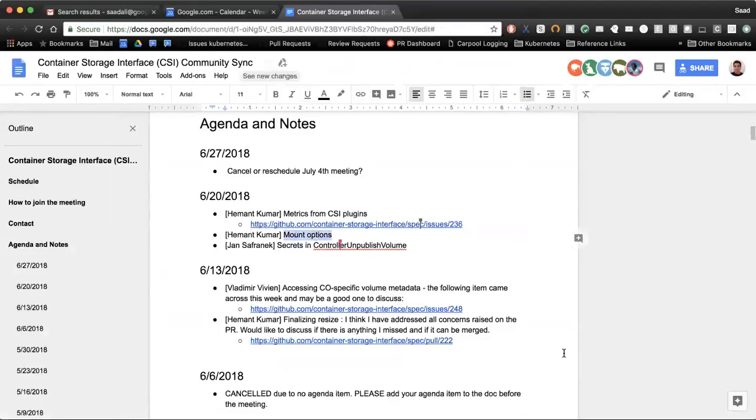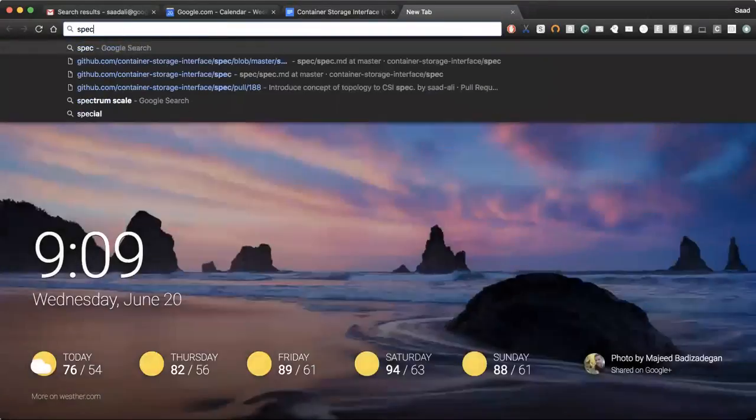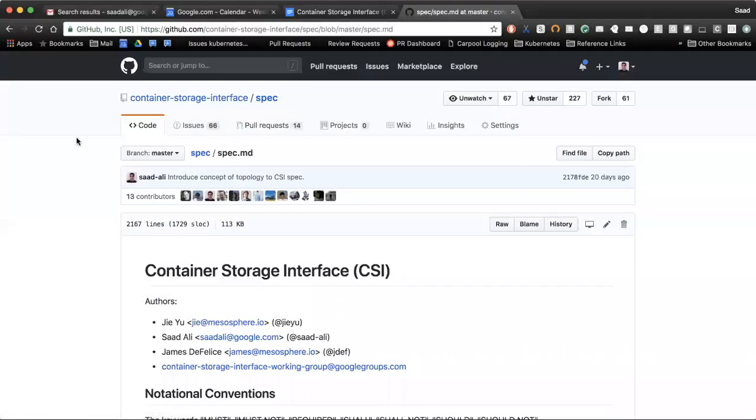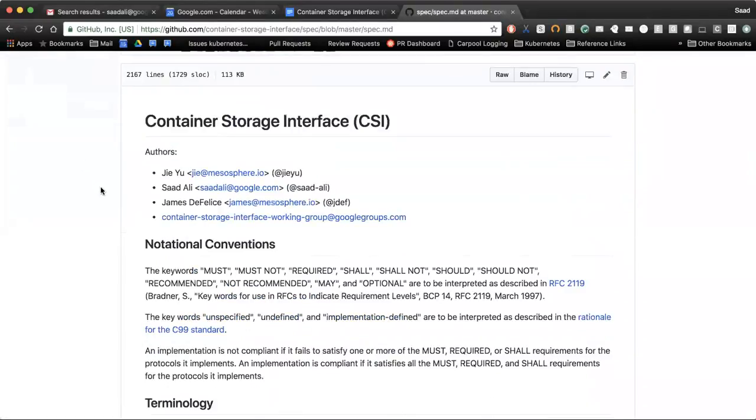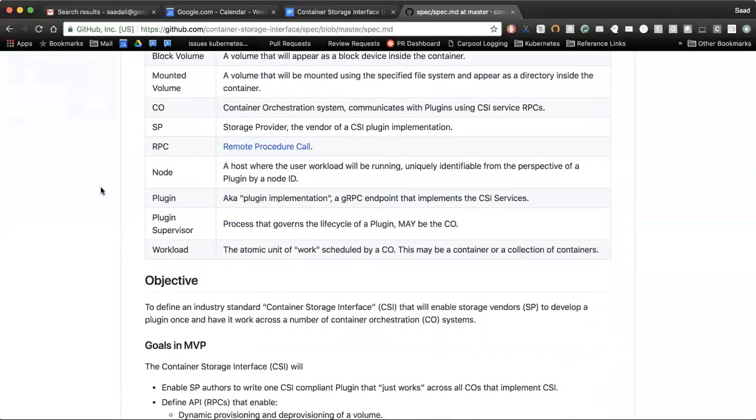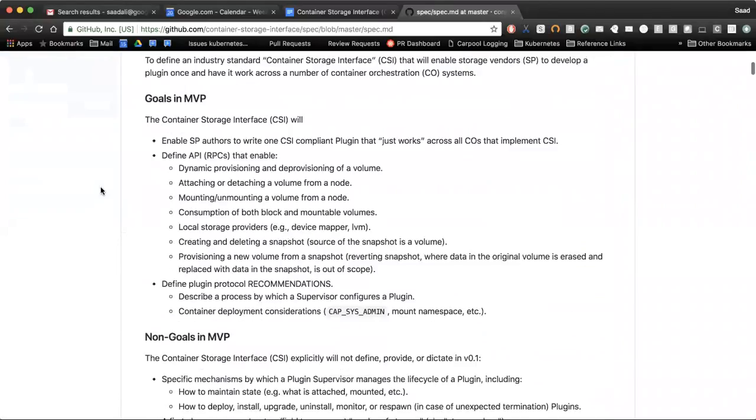Next, I think, was a general discussion about mount options. So I believe on the Kubernetes side, we allow mount options to be specified for the equivalent of a node publish call.